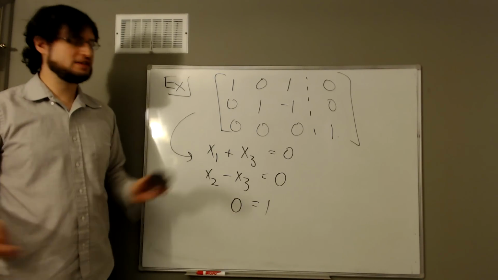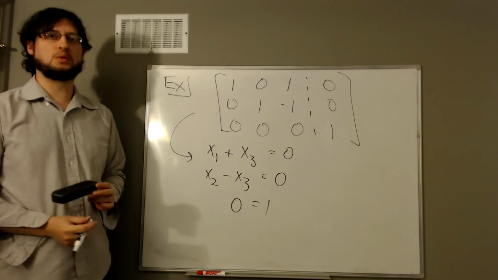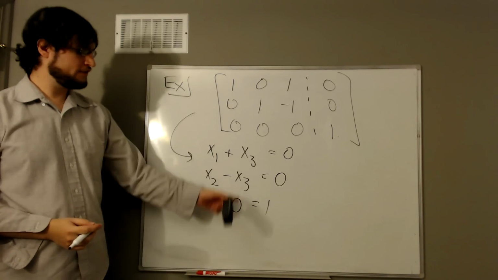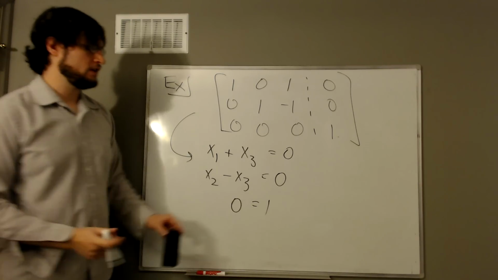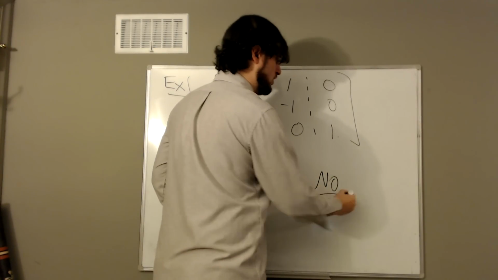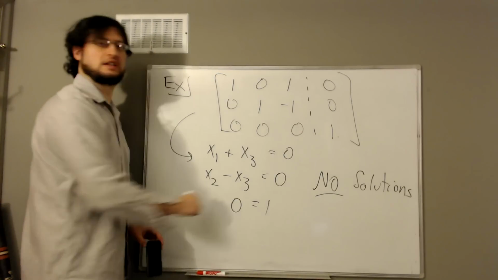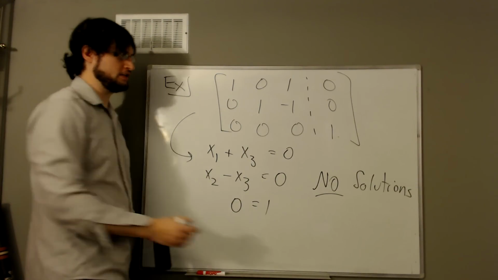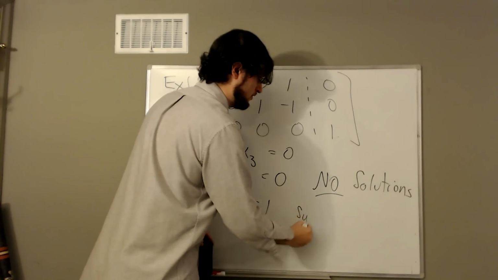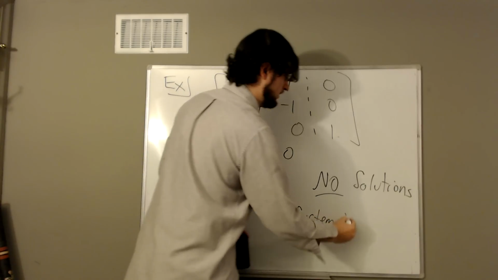But that doesn't make any sense because 0 does not equal 1. And so if I have something that looks like this, there are no solutions because this is a meaningless equation. It doesn't make any sense. And we say that the system is inconsistent.